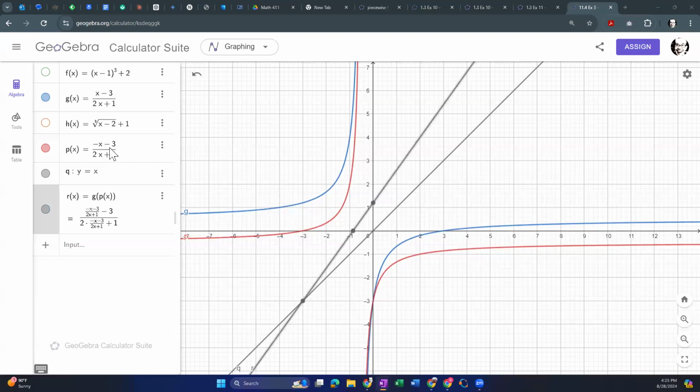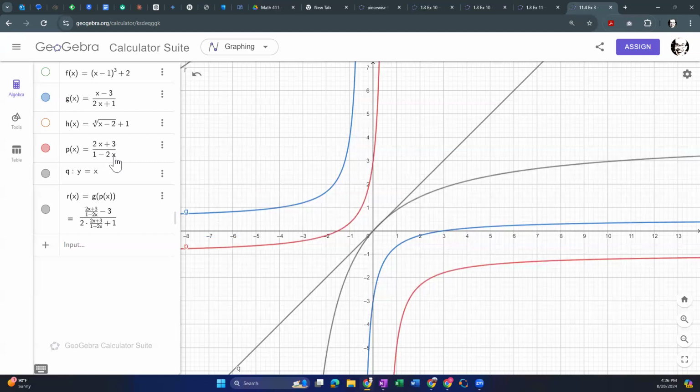All right, rewind this back. G looks fine. P as a candidate for an inverse is garbage. This should be 2x plus 3, and the bottom should be 1 minus 2x all over the place.